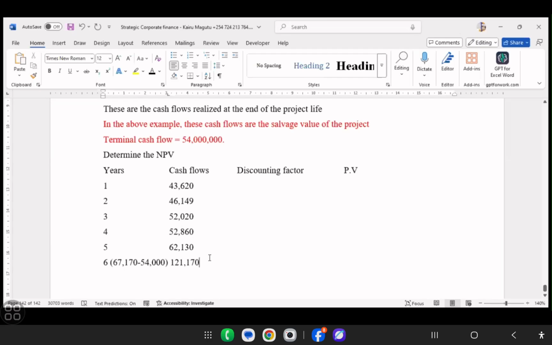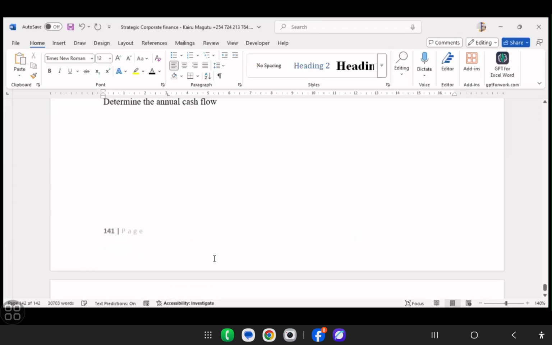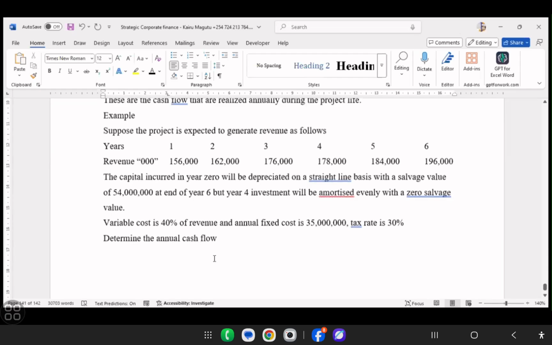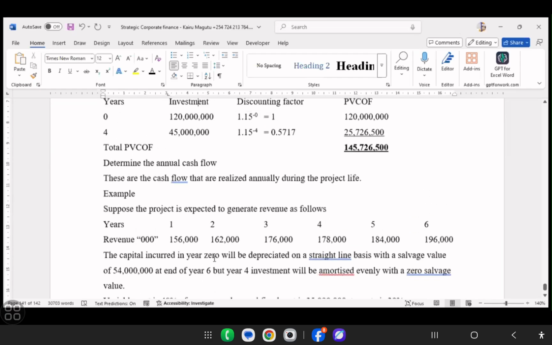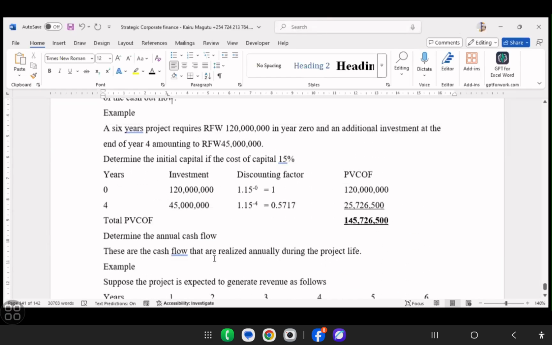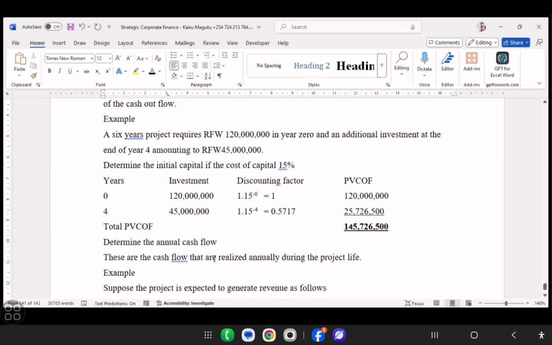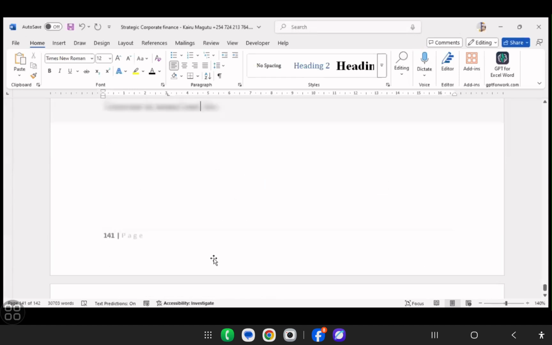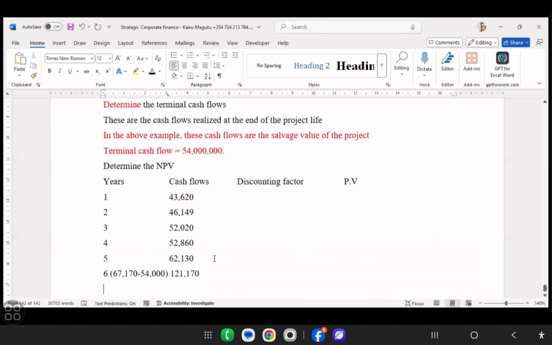We need the discounting factor, and the discounting rate, the one that we used to determine the NPV, 15%. We are discounting at 15%.